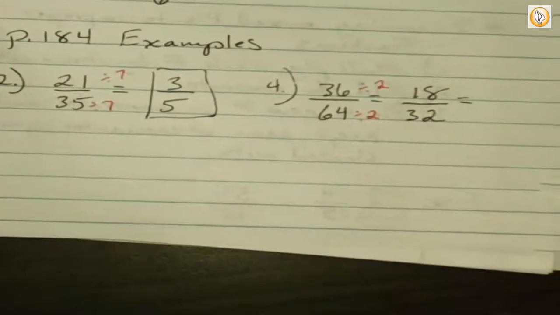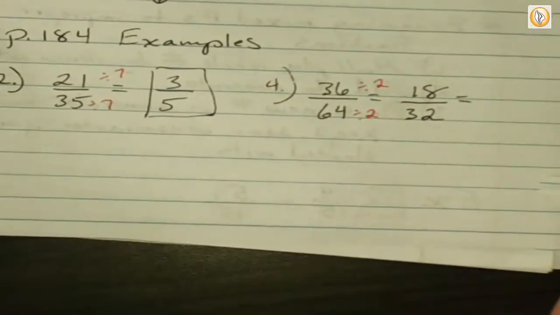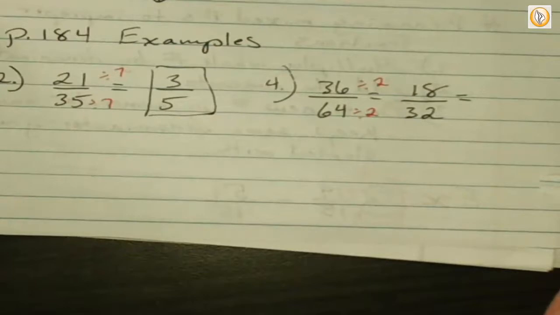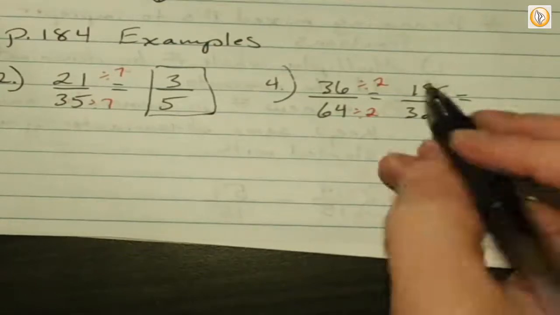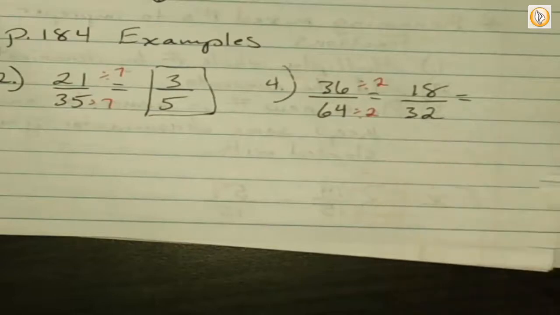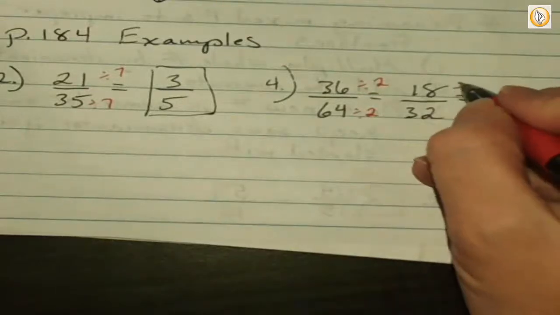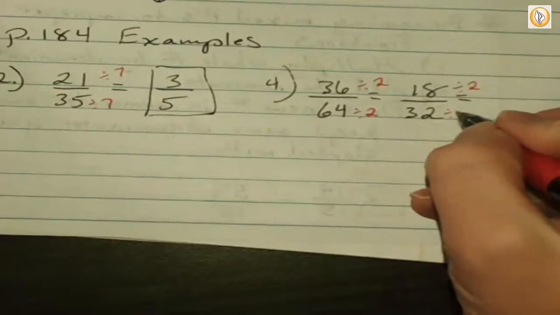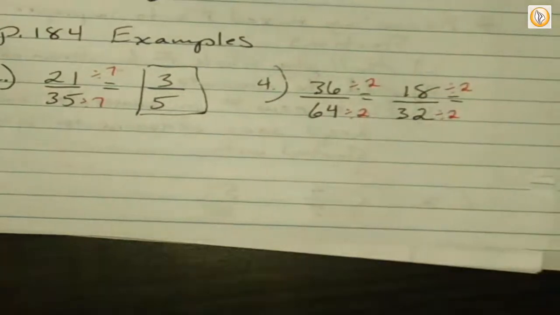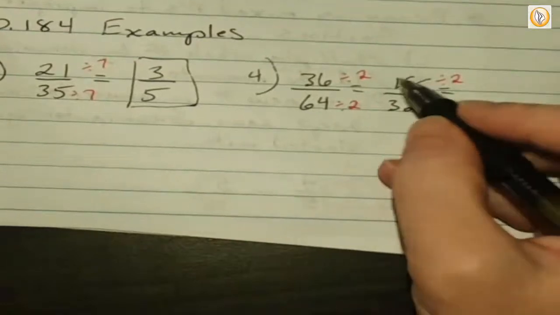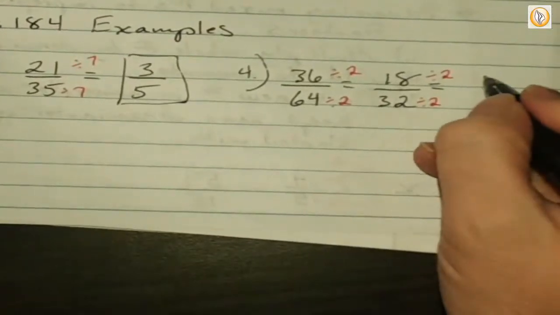Okay. All right. And if you're still sitting there thinking, oh man, is there a larger number that can go into 18 and 32? I don't know. But 18 and 32 are even. You can do whatever you want. They're both even, so my go-to is always 2. 18 divided by 2 is?